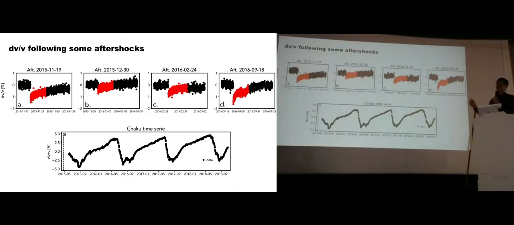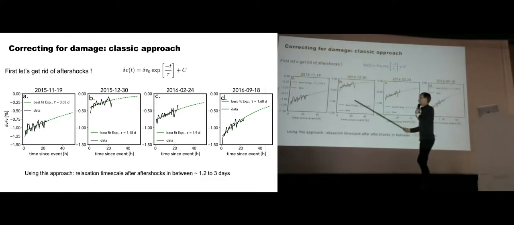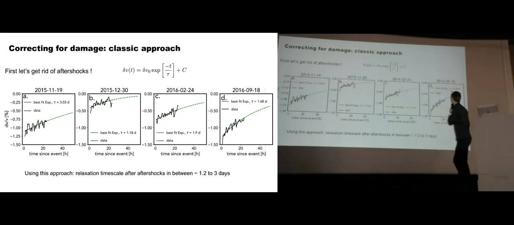For the observations, we only use very short time segments to not be influenced by the general evolution of the velocities here. And we can fit exponential models to these. The problem is we need a decay time that is different for all of these earthquakes. So we have like 1.6 here, we have 3.3 over there. So we need a few timescales, and that's of course not really satisfactory.